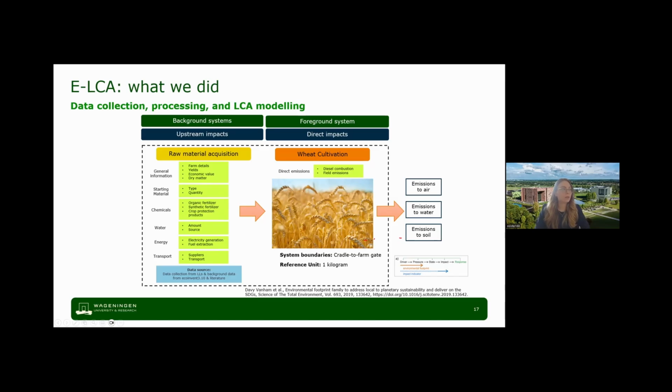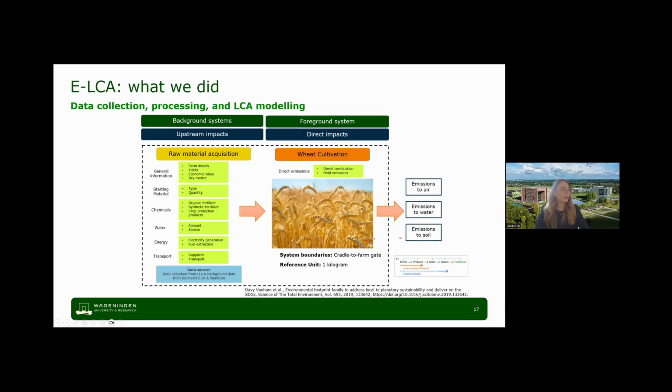And then it's good to identify that there are upstream impacts and direct impacts. So everything under the control of the farm itself, and everything that they source from other places, which is also taken into account in the impacts. But especially for the social part, it's good to make this distinction between upstream and direct, which will be clear in a few slides as well.